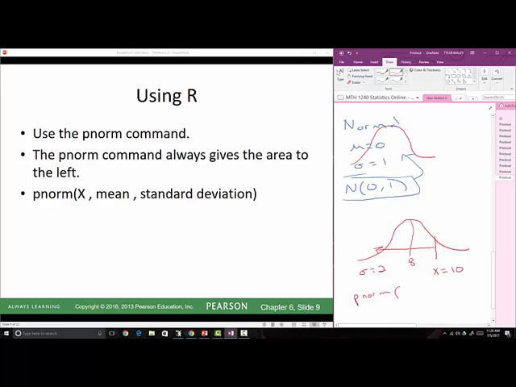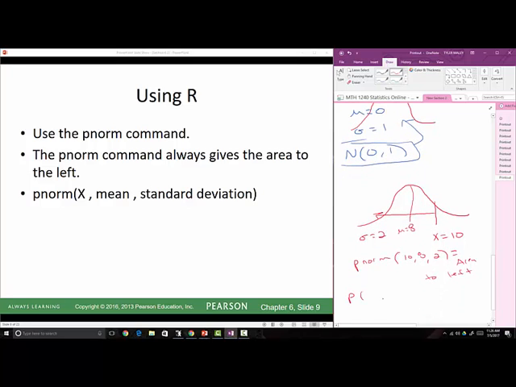I would type in pnorm and then 10, comma, the mean, which is 8, and then the standard deviation, which is 2. And this would give me an output of the area to the left. In other words, this would tell me the probability of x being less than 10. Just as an example.